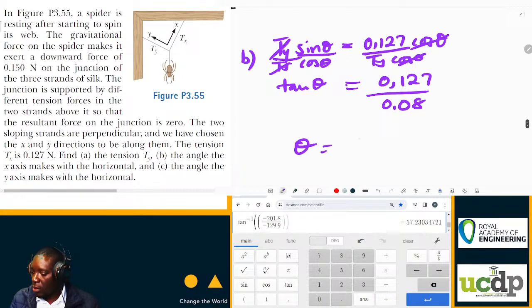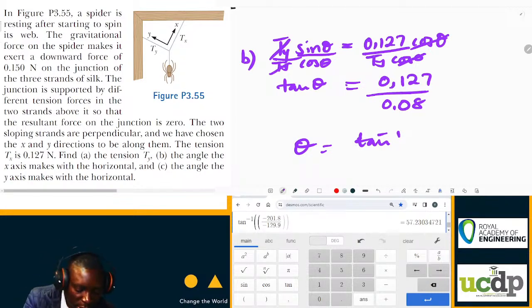So theta is arctan of 0.127 over 0.08, 57.79. That gives you 57.8.